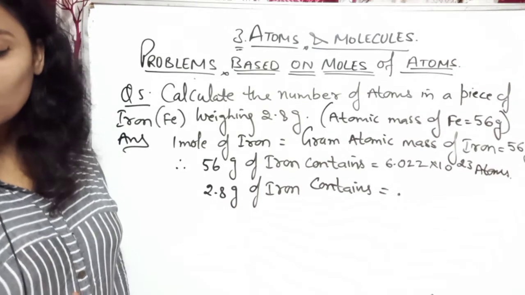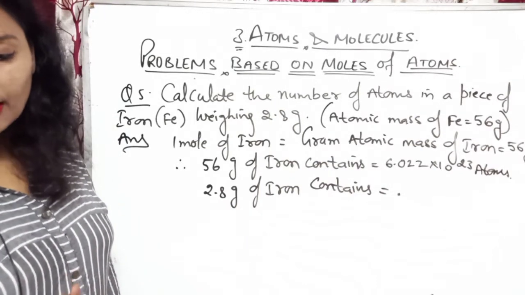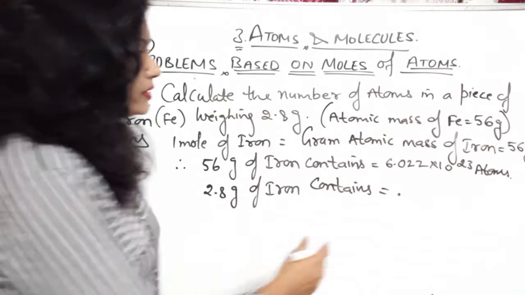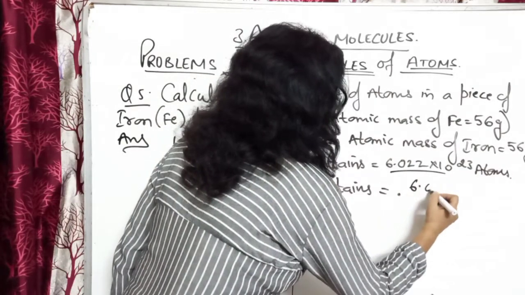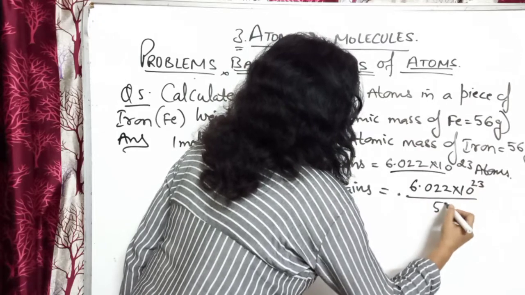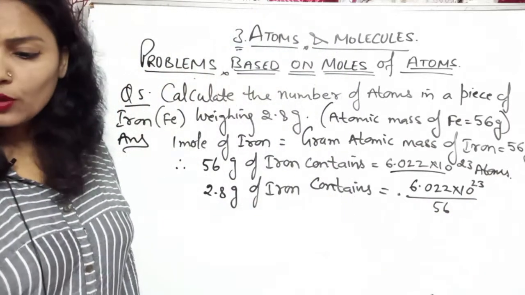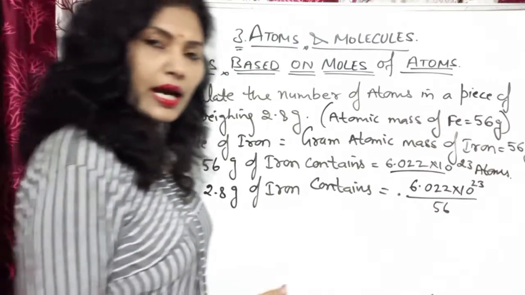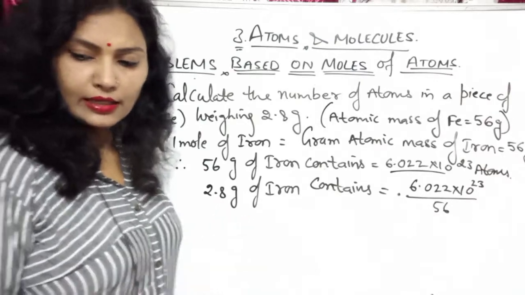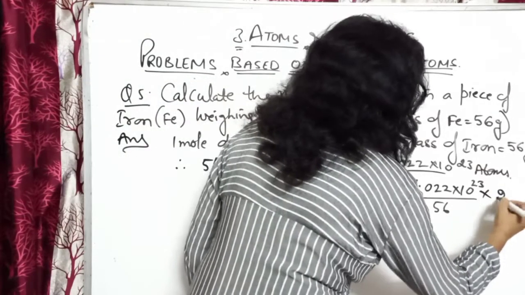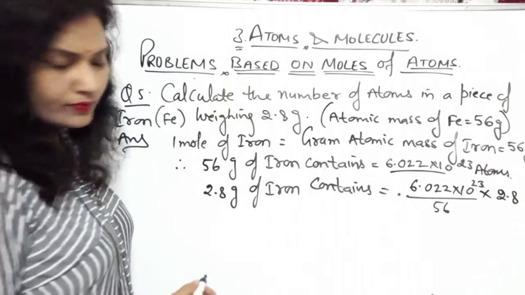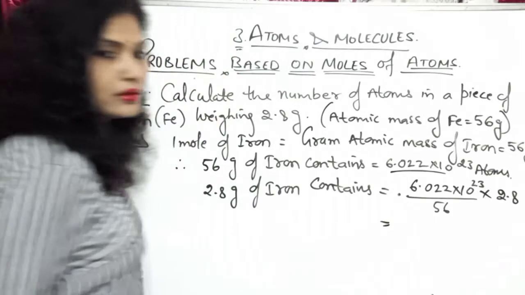So 2.8 gram of iron contains 6.022 into 10 to the power 23 divided by 56, since the atomic mass is 56, and that will be multiplied by 2.8. Got it?